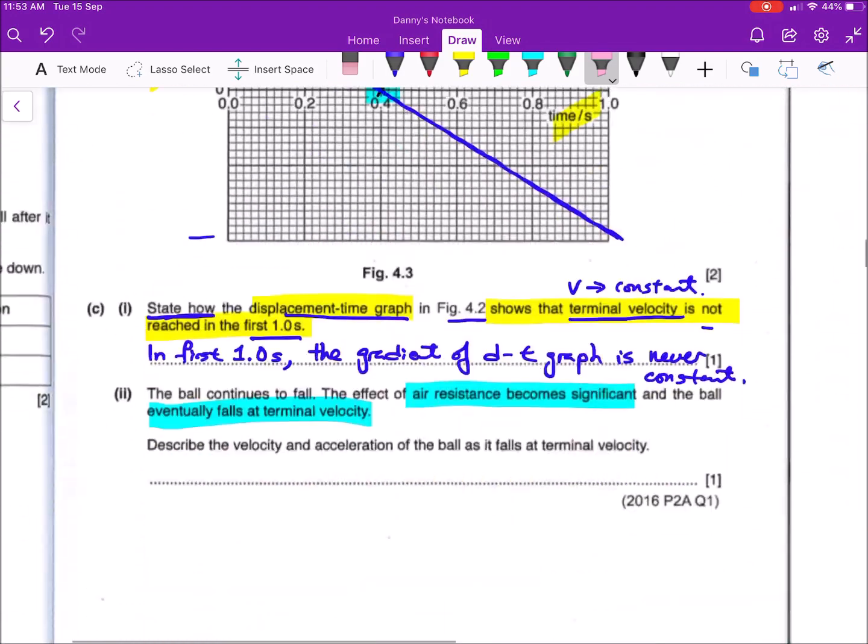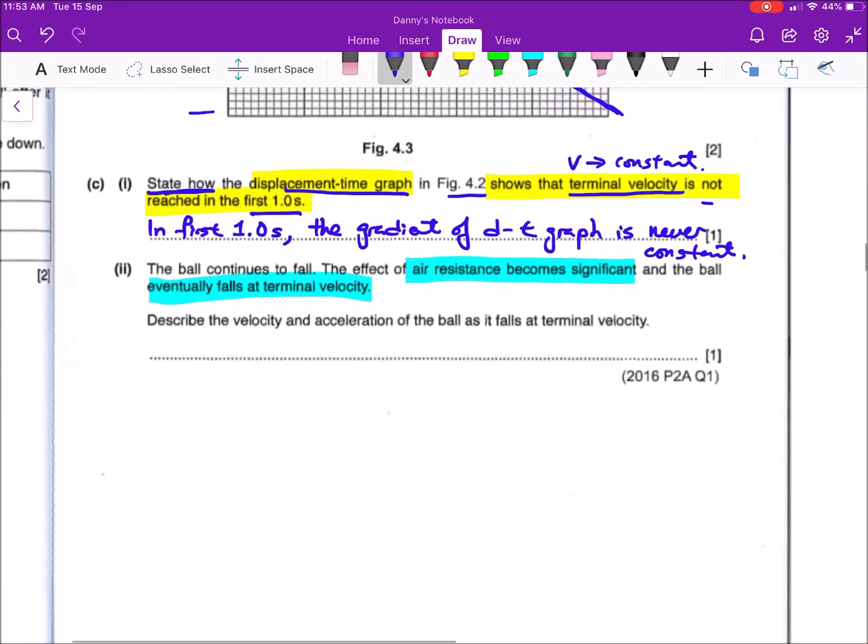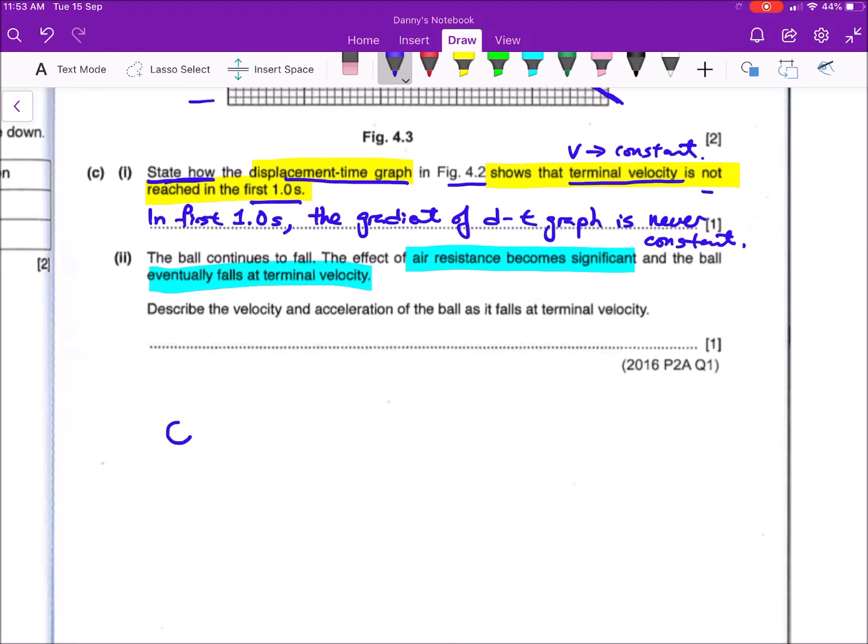For those of you who are seeing my video in parts, you need to know that as the ball falls, there will be 2 forces. Because it is speeding through air, there will be weight and there will be air resistance. Now this air resistance is a changing number.